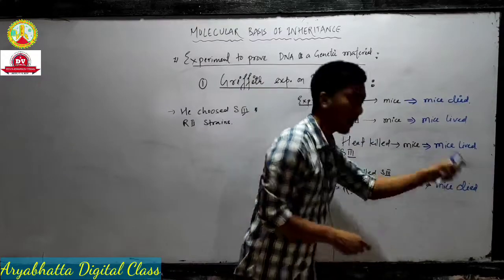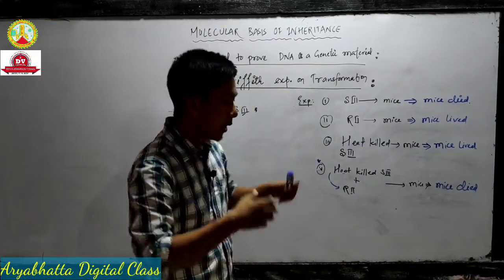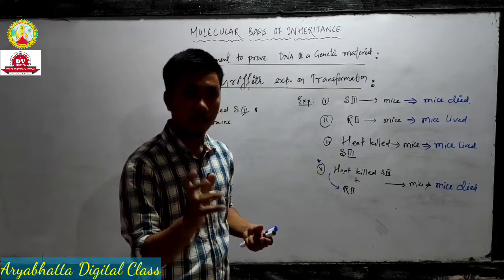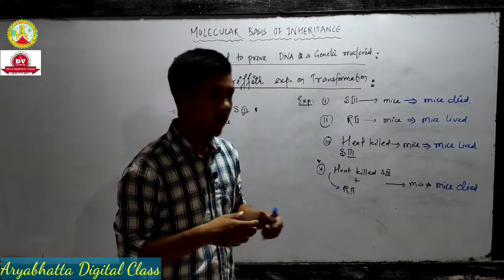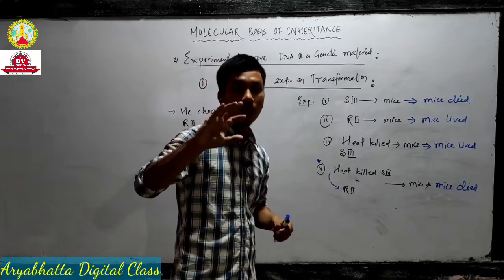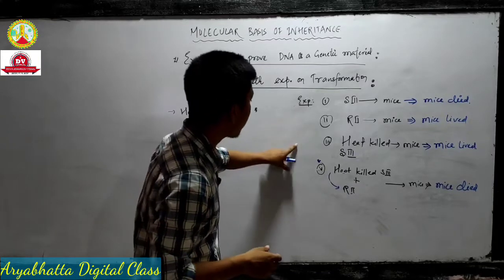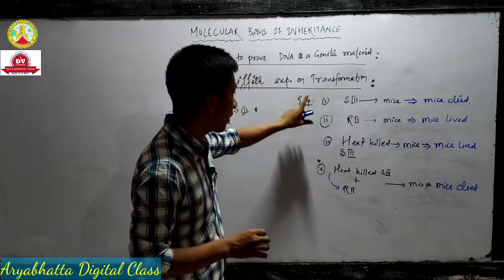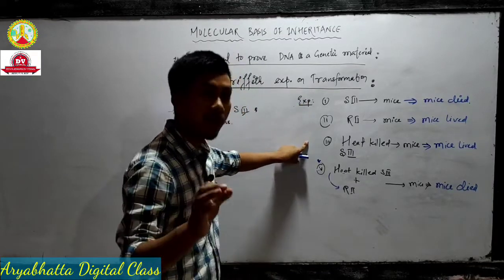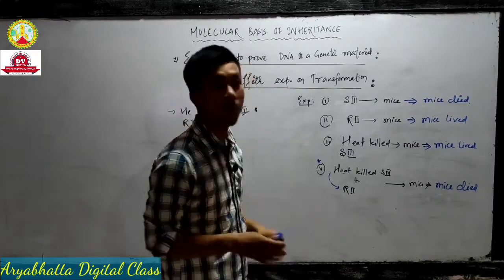That's why mice have died. But he did not give an exact conclusion whether it is DNA or any other molecule that has been transferred, he just gave us some idea that something has been transferred. So based on this experiment, other scientists performed similar experiments but with certain additional things. We will see this in the next video lecture.